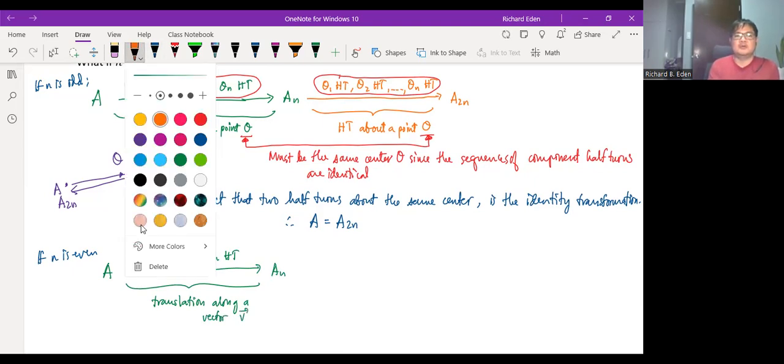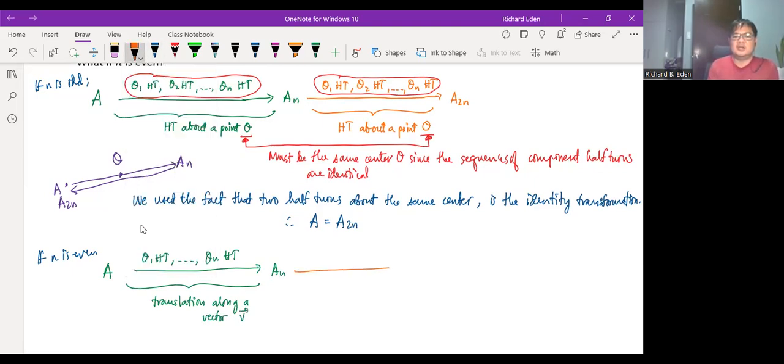And then when you perform the same sequence of half turns, bringing us to A sub 2n, we get again a translation along the same vector v.